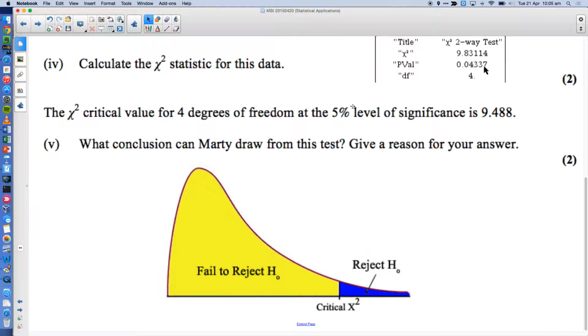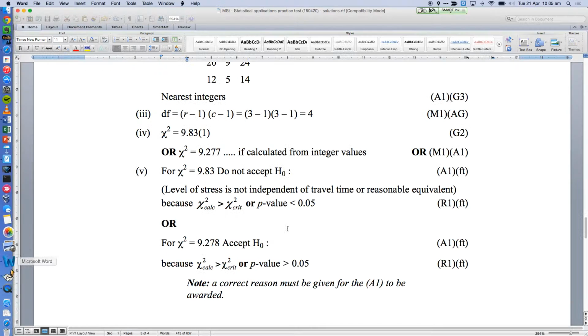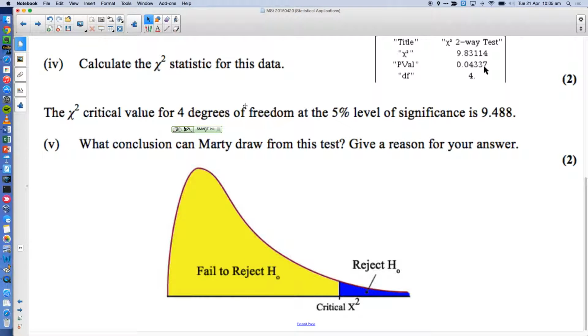So if our p-value is less than 5%, which is 0.05, that's another way that we can reject the null hypothesis. So one is if our calculated chi-squared is bigger than our critical. One is if our p-value is smaller than the value given for the level of significance. Generally, the critical value is going to be the one, but you need to remember the other one just in case.